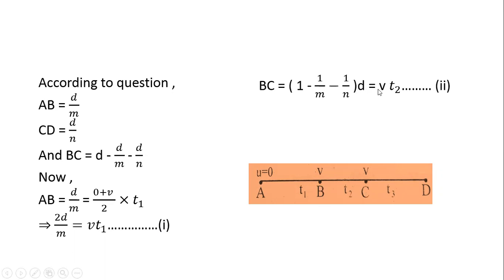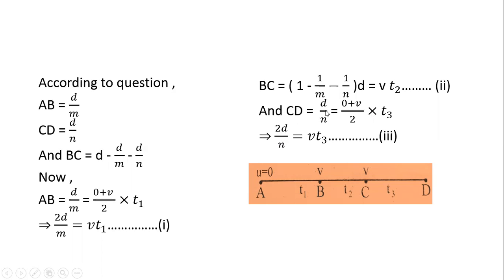That means vt2, which is equation number 2. And CD equal to d by n equal to 0 plus v by 2 into t3. From this, we get 2d by n equal to vt3, which is equation number 3.